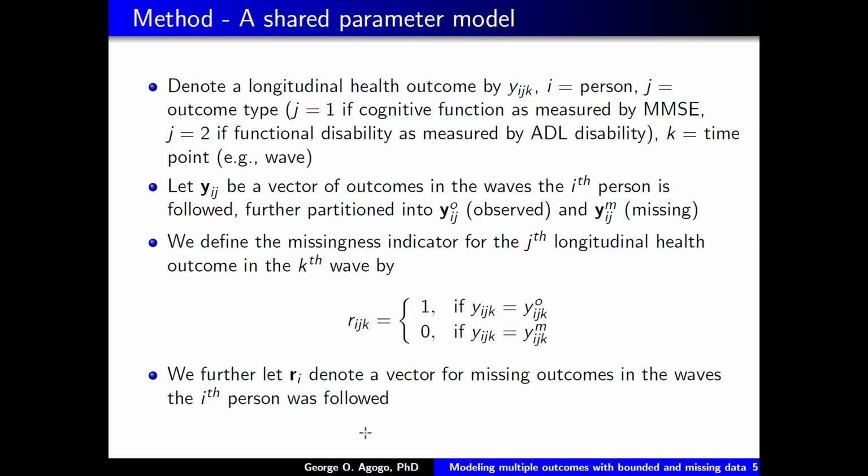Y is the outcome, i is the person index, and j is the outcome type: one if it is cognitive function as measured by the Mini-Mental State Examination, and two if the outcome is functional disability as measured by ADL, activities of daily living disability.